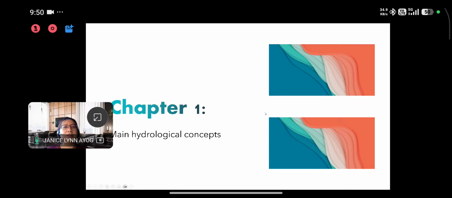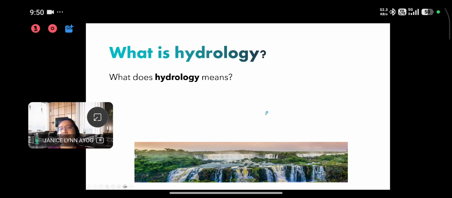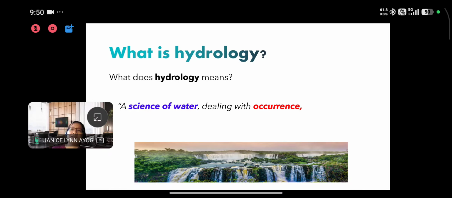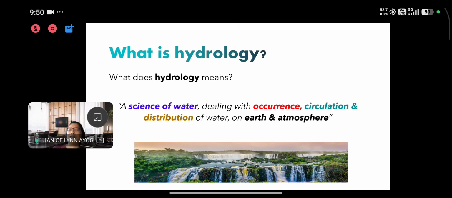First thing first, what is hydrology? Okay, you've learned hydraulics in the previous semester. So what's the difference between hydraulics and also hydrology? So basically hydrology means a science of water dealing with occurrence, circulation, distribution of water on Earth and atmosphere.